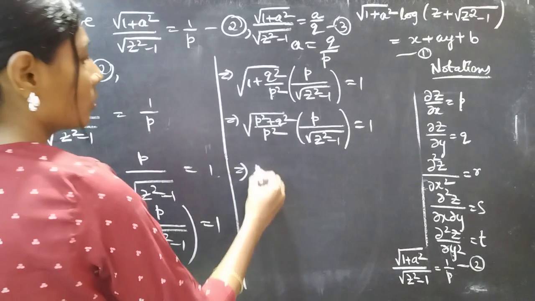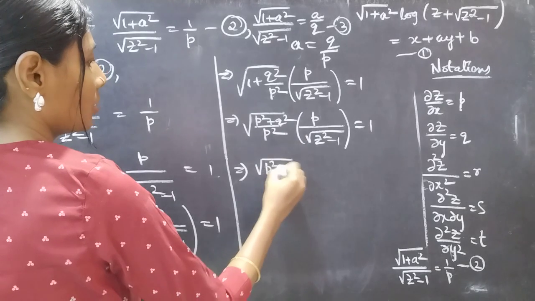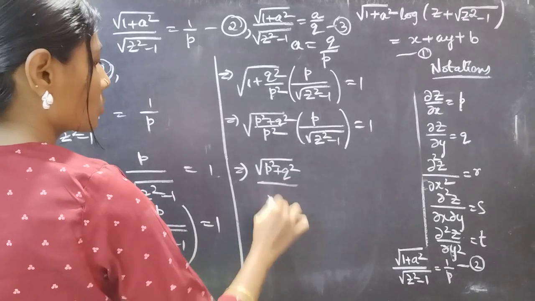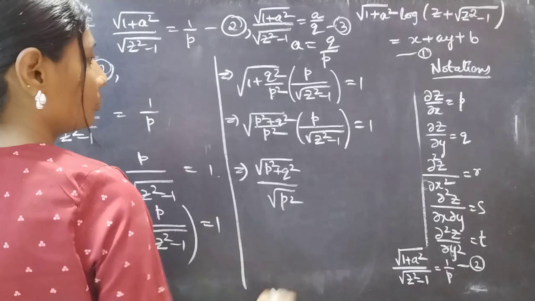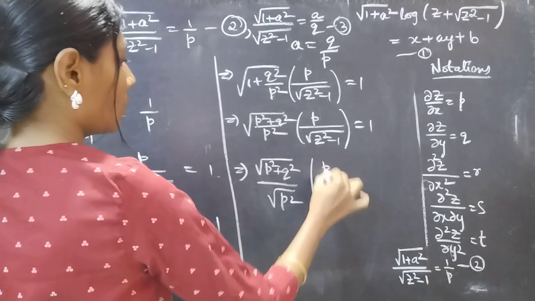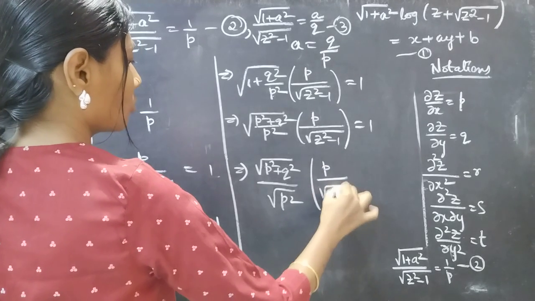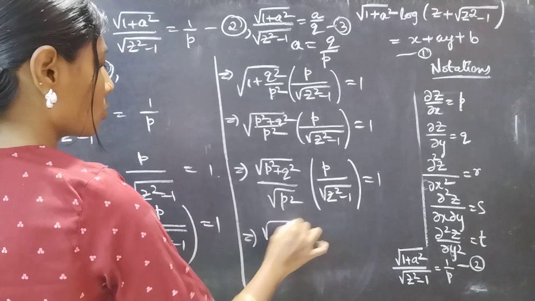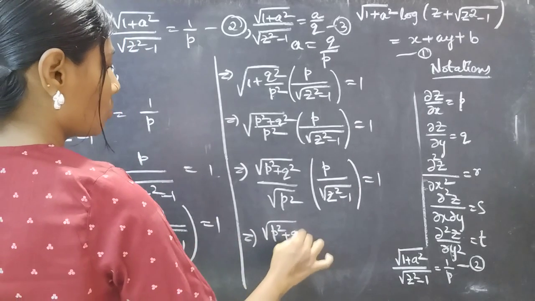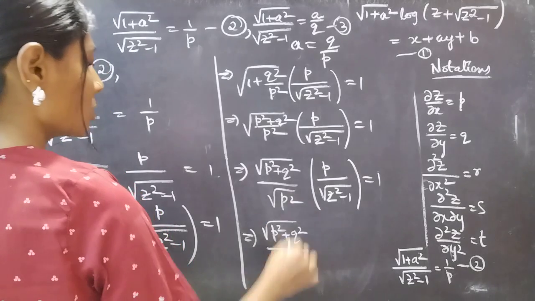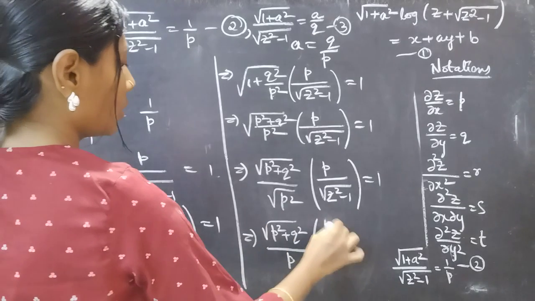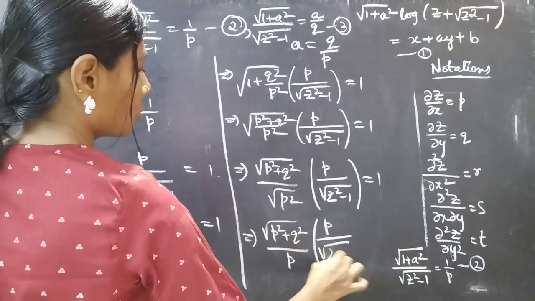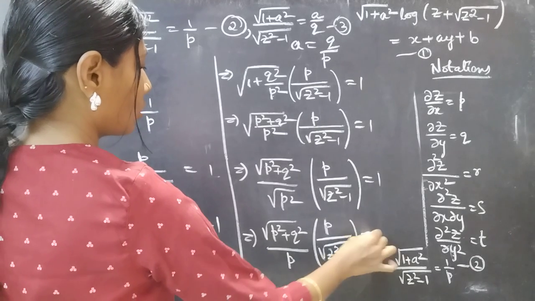We can split this square root as square root of p square plus q square by square root of p square into p by square root of z square minus 1 equal to 1. This gives us square root of p square plus q square by square root of p square is p into p by square root of z square minus 1 equal to 1.